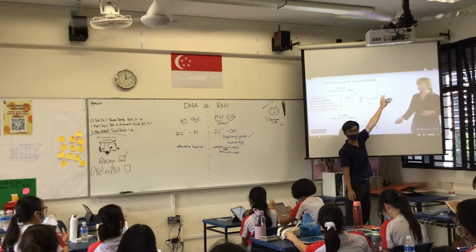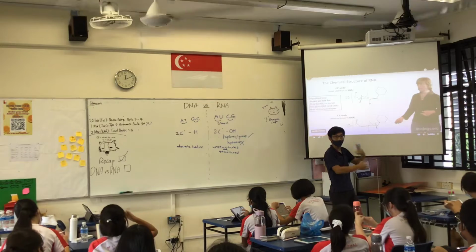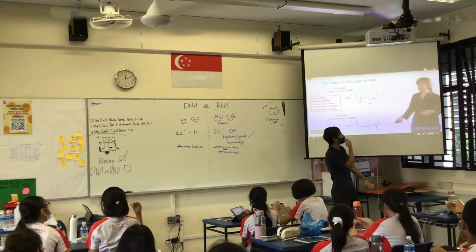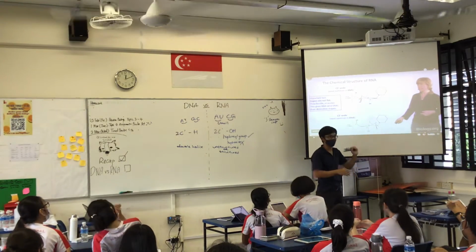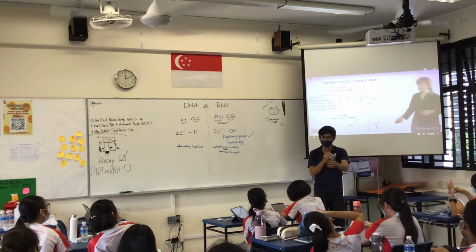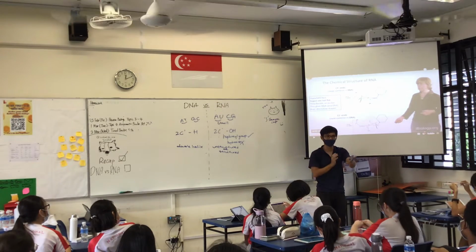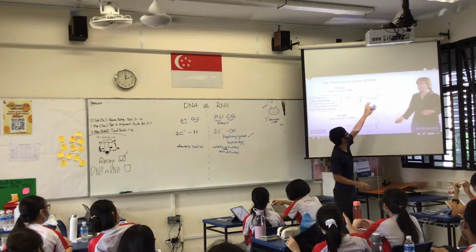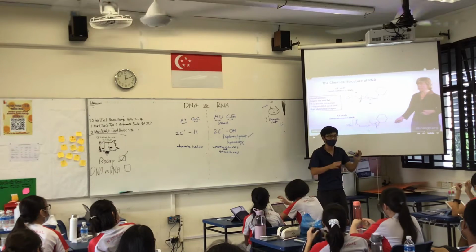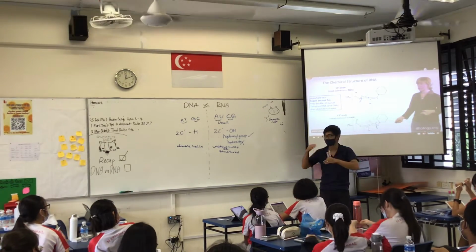If we take the base as a flat reference, the sugar actually pops out at a different plane towards you. The phosphate group also is on a different plane. So when you start building your DNA molecule, you realize that it's not possible to form the double helix if the sugar, the base, and the phosphate are all on the same flat plane. Actually, they are on different axes.